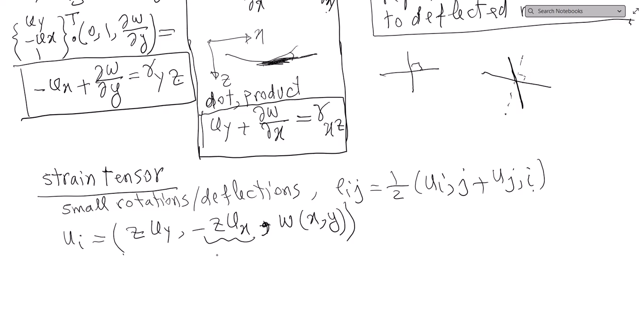These are functions of x, y, and z, the form that we have here, linear functions of z, but phi y and phi x are in general functions of x and y. But w, the displacement in the z direction, is a function of x and y only still.